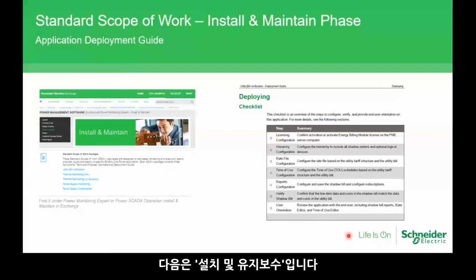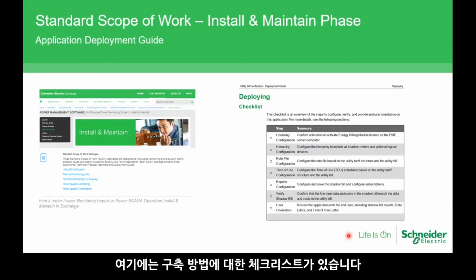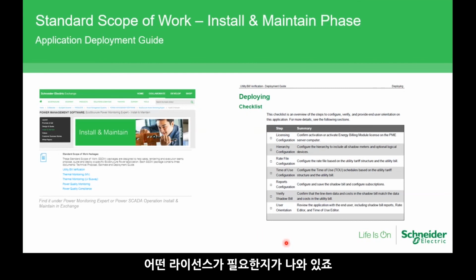Then when you come to install and maintain, we also have a tech list on how you deploy it, and what kind of software licenses you require in order to deliver those applications. So if you are very application oriented yourself, it's always good to run through these documents and go through the checklist to make sure that you include all these software modules, and your engineering and commissioning estimates, into your proposal.